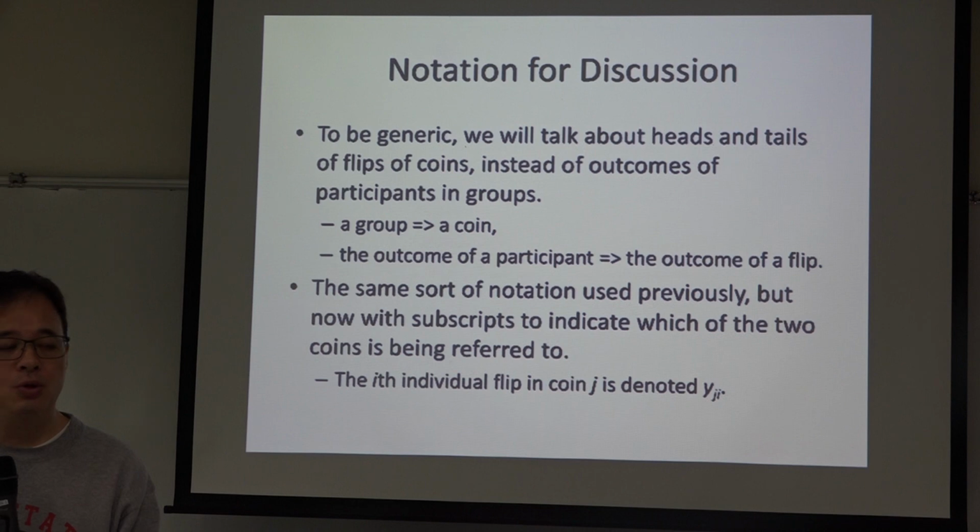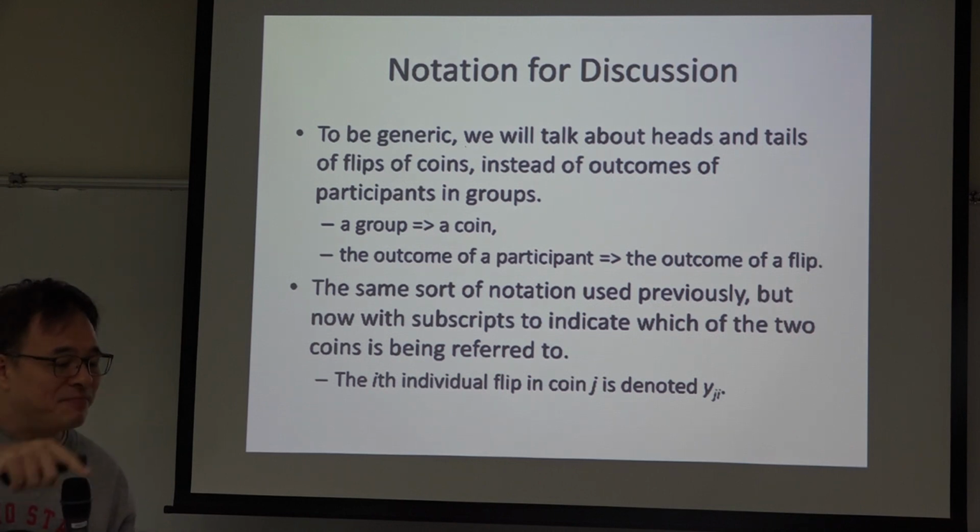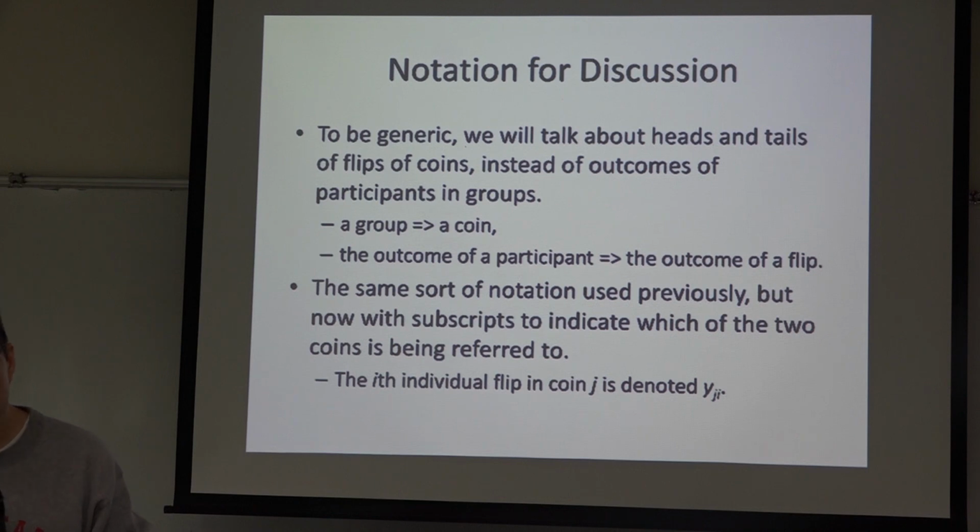For example, originally we used theta to represent the bias of a coin, the probability of the coin coming up heads. But now we have two coins. So we use theta 1 to represent the probability of the first coin coming up heads, and theta 2 to represent the probability of the second coin coming up heads.